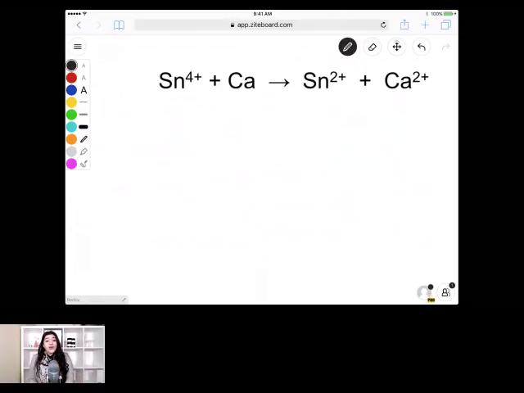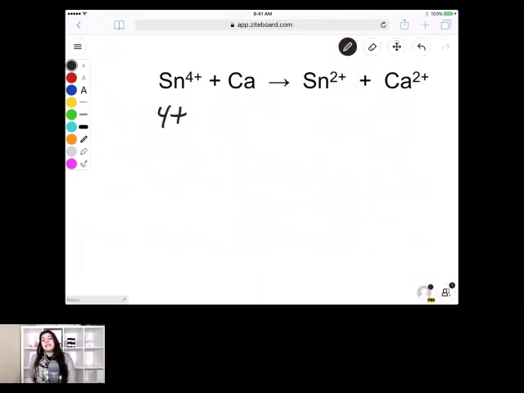And let's start off with our oxidation numbers once again. We'll see that tin has a 4+ charge. Since it has a 4+ charge, boom, that's my oxidation number. So 4+. And then I see there's calcium, but there's nothing else. It's one individual element, so that has to be 0.